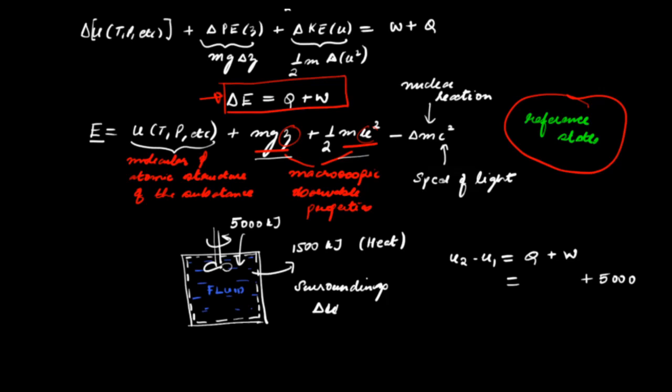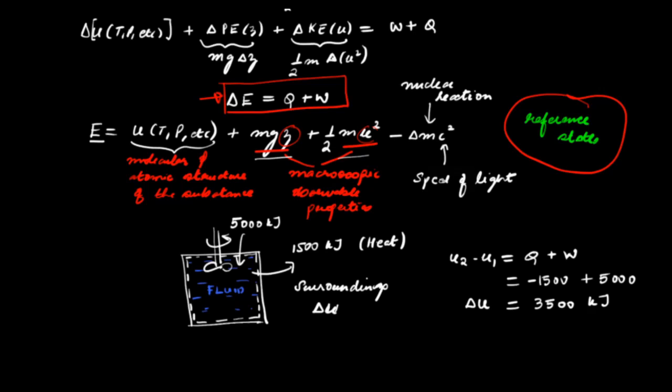So heat is being transferred from the system to the surroundings, therefore it is negative, and this is minus 1500 kilojoules. Therefore the change in internal energy of this fluid is 5000 minus 1500, and that is equal to 3500 kilojoules.